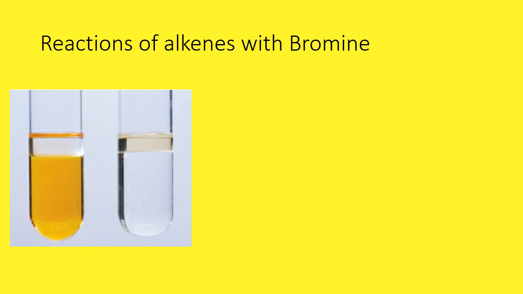So we've got some ethene here, so let's draw its formula rather than its name. CH2=CH2, that's ethene, and we've got some bromine water here. And so when you mix or shake them, the reaction happens, and the product becomes dibromoethane, which has the formula CH2BrCH2Br, which is now an alkane.